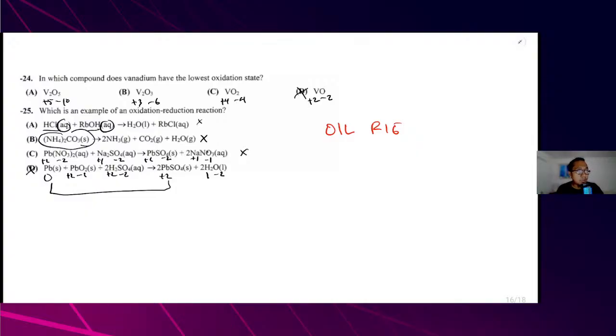So Pb with oxidation state 0 is oxidized; it loses electrons. And then PbO2 goes from +4 to +2. Sorry, this one again.